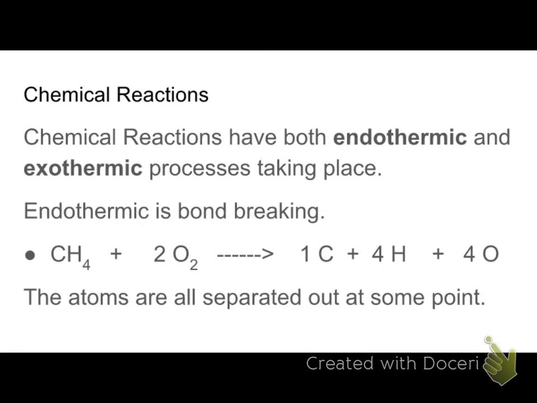Take some time. I want you to write this down and we're going to talk about it. Chemical reactions are going to have both endothermic and exothermic energy changes taking place. So go ahead and write that down.